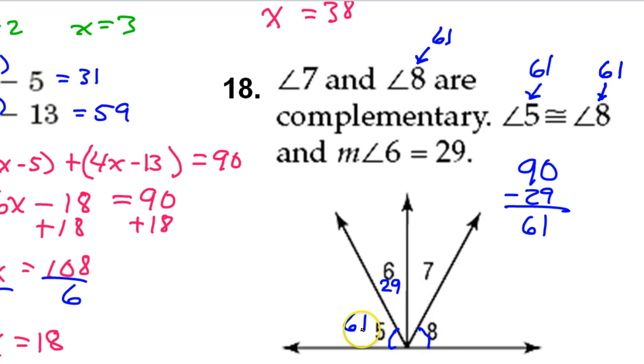So in other words, this is 61, this is 61, this is 29, this will be 29. Alright, that's the only way that it can work. So this will be the 29. Alright, and that's it. We found all of the missing angles.